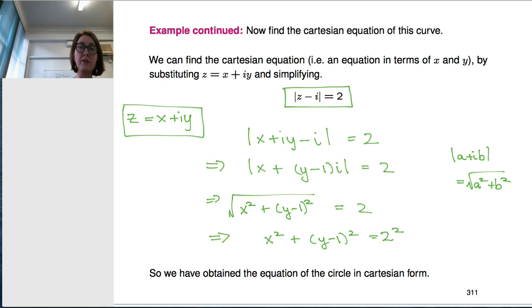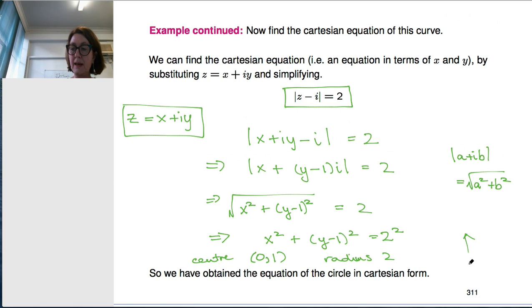And so when we write this expression in Cartesian form, you can see exactly why it gives you a circle. If you think about our work on circles earlier in the semester, this is exactly the equation of a circle. It has centre (0, 1) and radius 2.